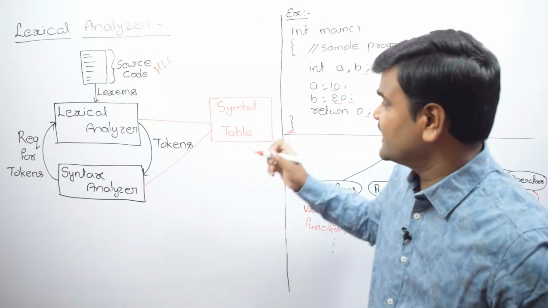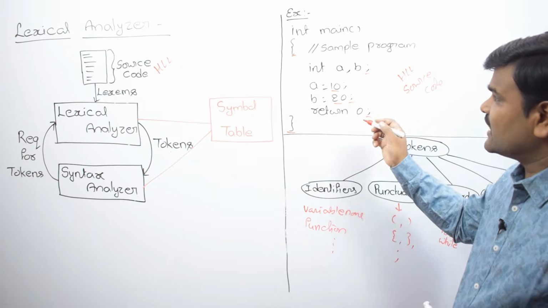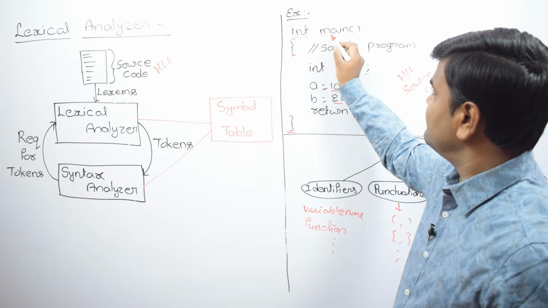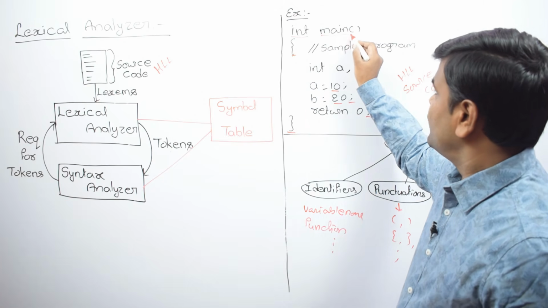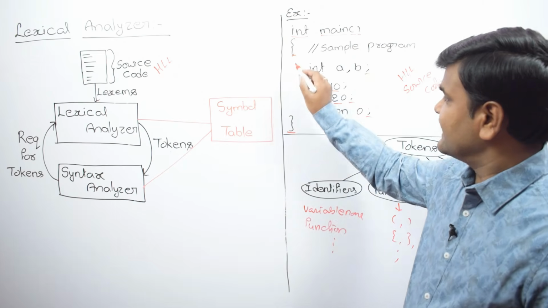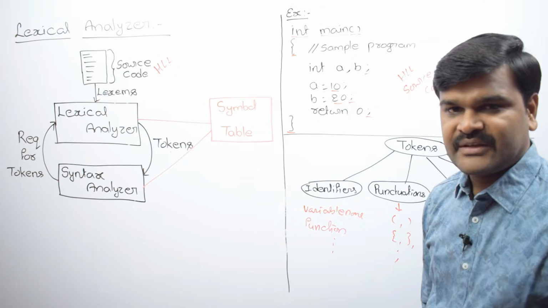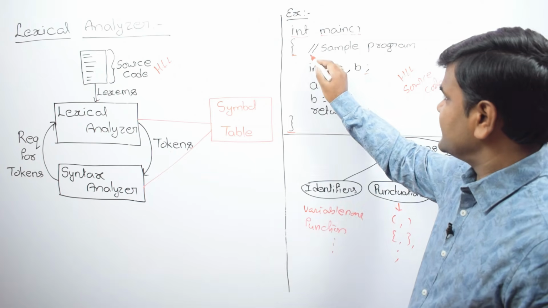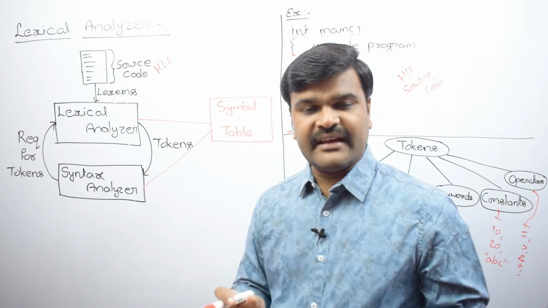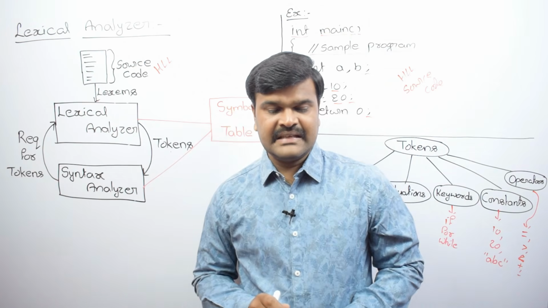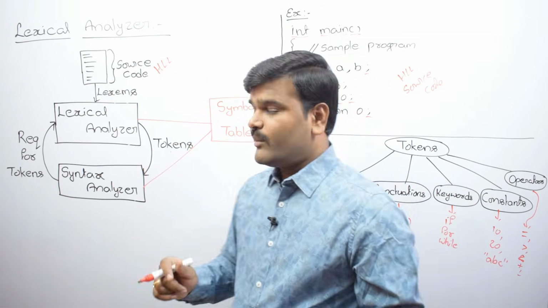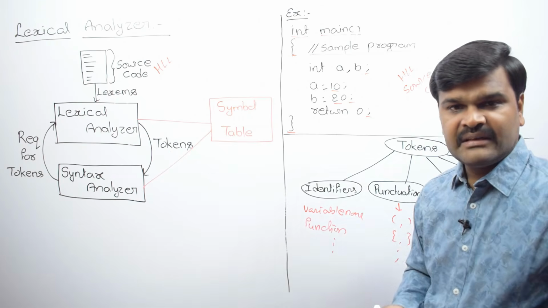For example, if you take this program, what are the tokens? This is one token, main is one token, open brace is one token, close brace is one token, and this is one token. This comment line is not actually a token, because it does not have any logical meaning; it is only for user friendliness, and comment lines have no meaning for execution.